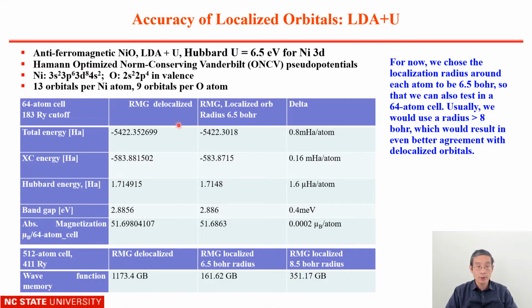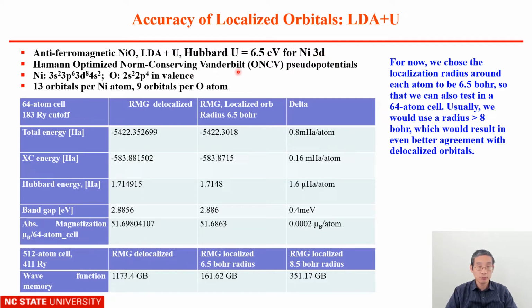Here I will show you how accurate the localized operators can be. For example, this one is antiferromagnetic nickel oxide with LDA plus U. In fact, I think we use PBE plus U, with U equal to 6.5 for nickel 3D orbitals.